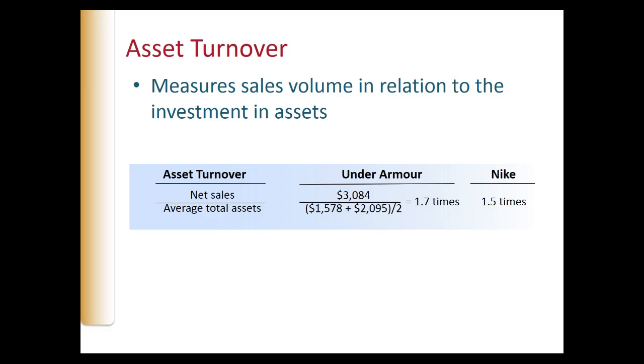Under Armour's asset turnover is 1.7. Under Armour generates $1.70 in sales for every dollar it invests in assets. Nike's asset turnover is just a little bit lower at 1.5.